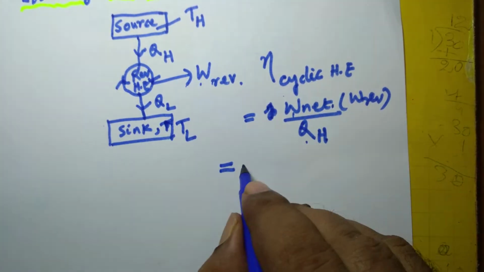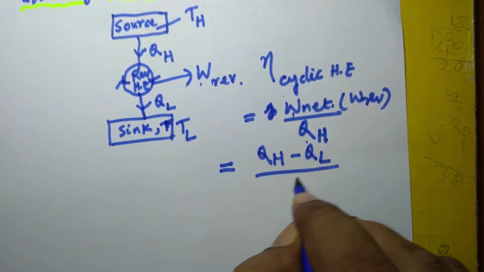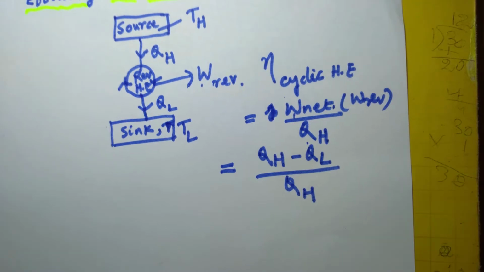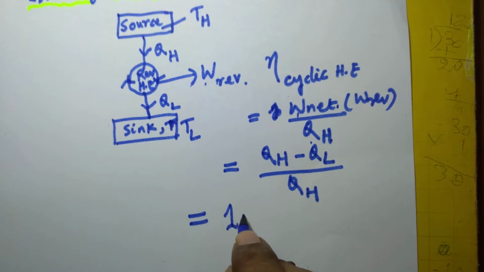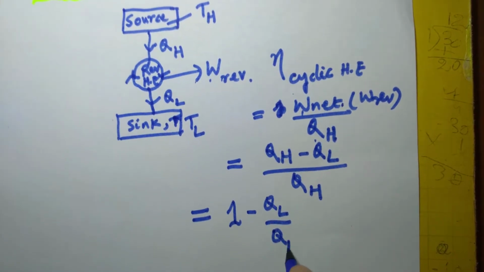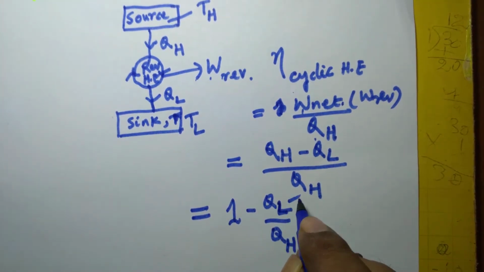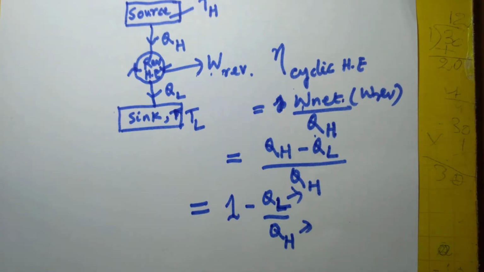So in place of W net, I can write QH minus QL, divided by QH. So from that I can get 1 minus QL divided by QH, where QL is the heat rejected to the sink and QH is the heat extracted from the source. This formula is applicable for any heat engine, be it reversible or irreversible. So 1 minus heat rejected divided by heat supply.